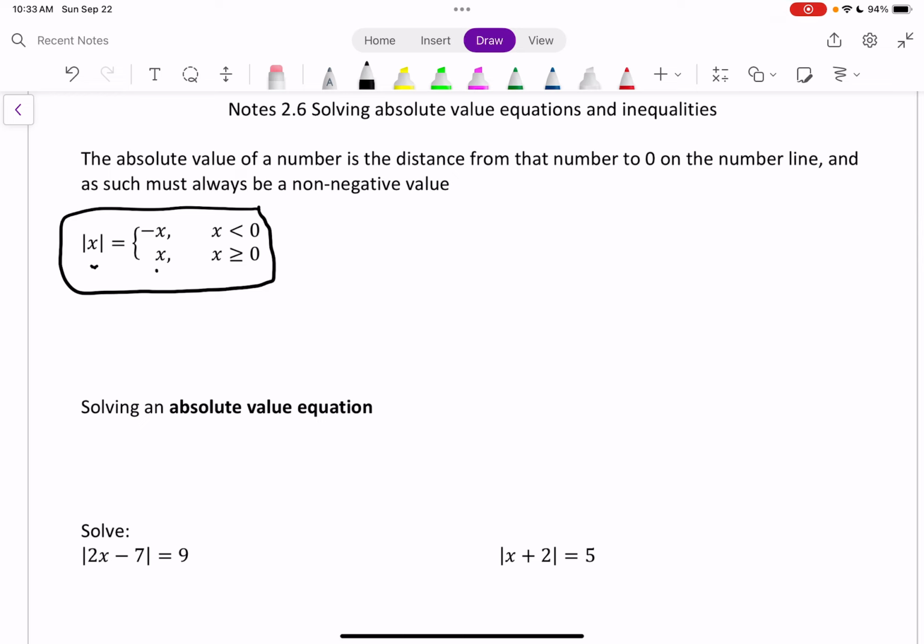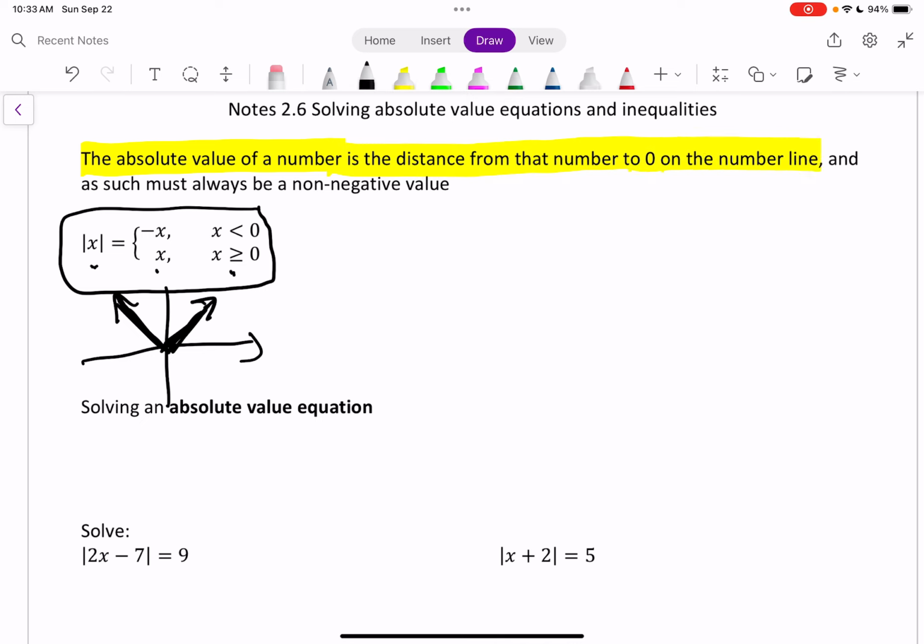It is the same thing as x if you're talking about positive x's, and it's negative x, a decreasing, falling line, if x's are negative, because the absolute value of a number is simply the distance from that number down to 0 on the number line.